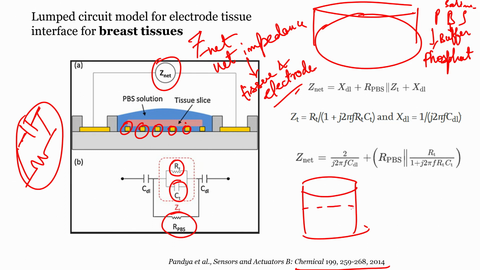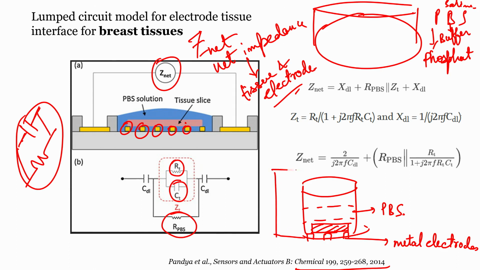Like this is a well in which this is PBS filled well, and somewhere here the tissue slice is kept. The shaded region that you see here is the tissue slice, and below the tissue slice there are metal electrodes, which are connected to a power supply and a measuring unit.